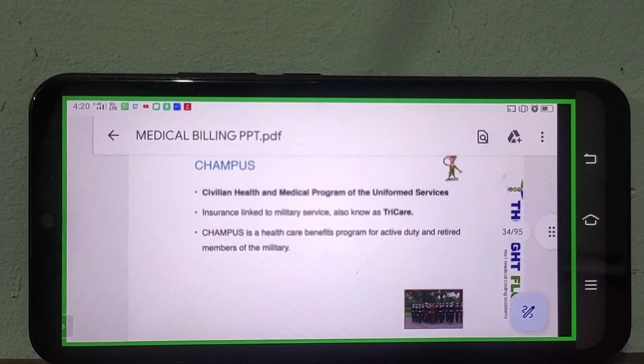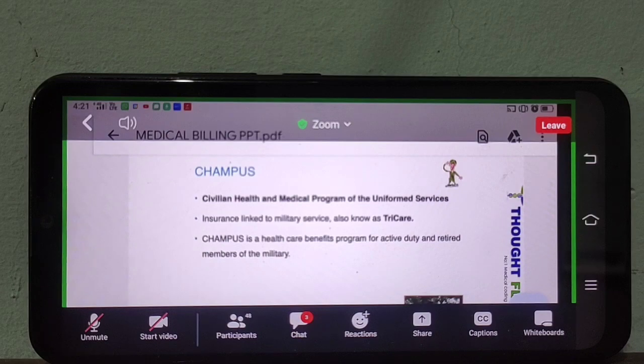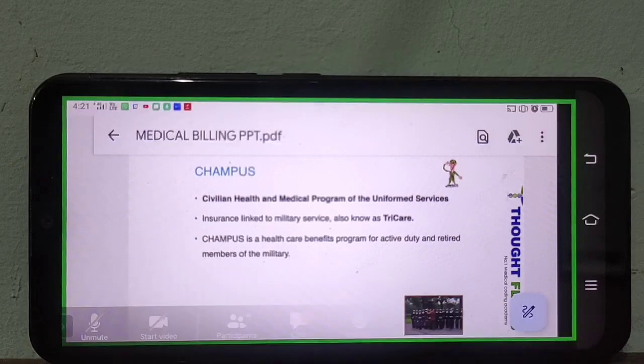Then CHAMPUS, the Civilian Health and Medical Program of the Uniformed Services. It's also called TRICARE. What is the meaning of that? A person who has worked in the military, or retired from the service, or is active in the military, is covered under this policy of CHAMPUS.